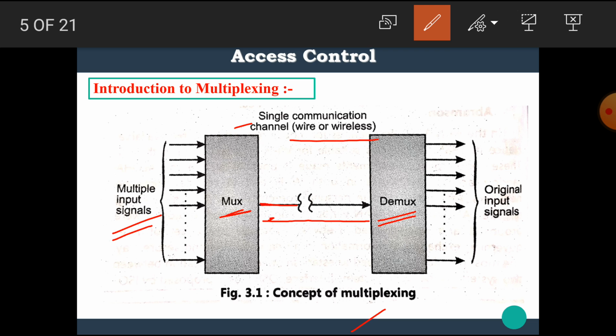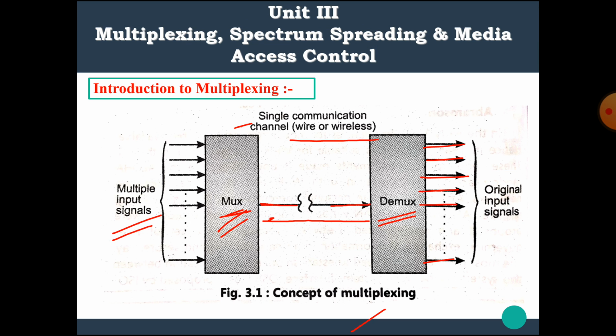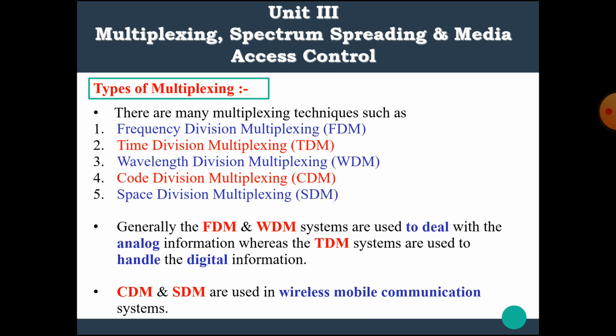The demultiplexer performs the opposite operation of the multiplexer. That means it performs one into many: it has only one input and a number of outputs. I hope you all get the basic idea about the concept of multiplexing.